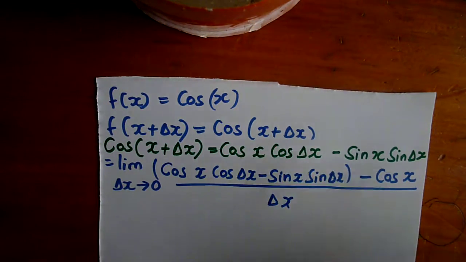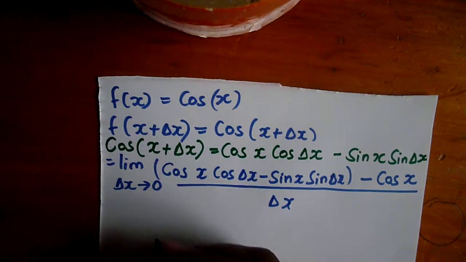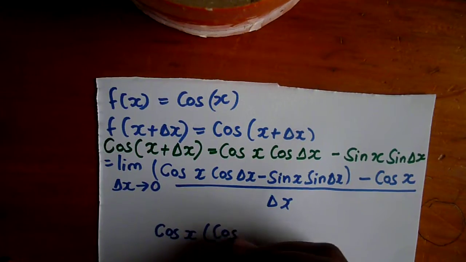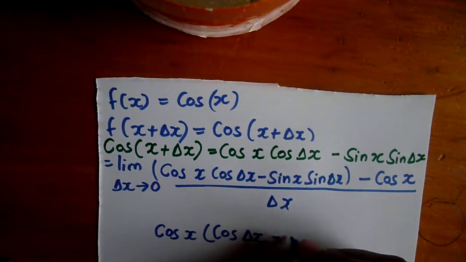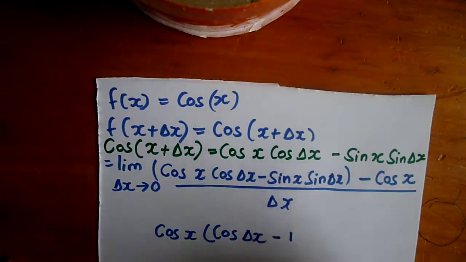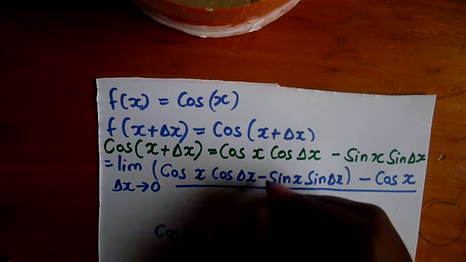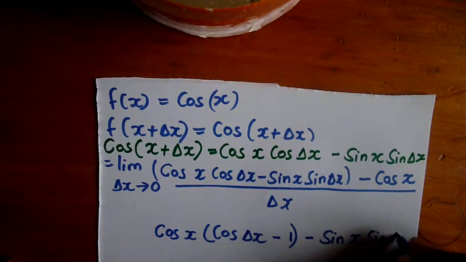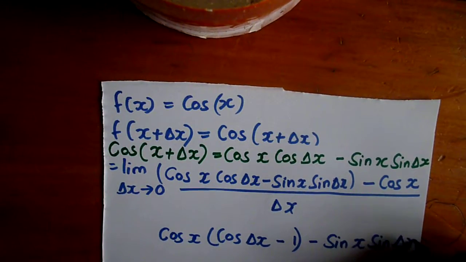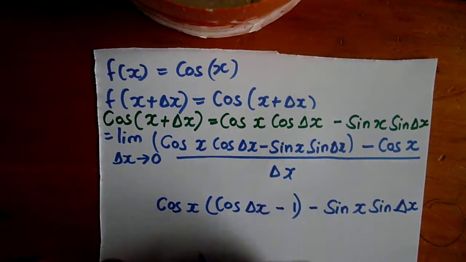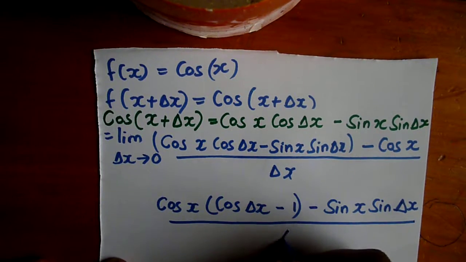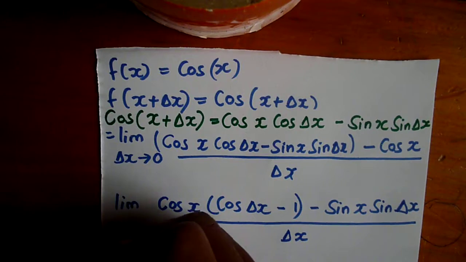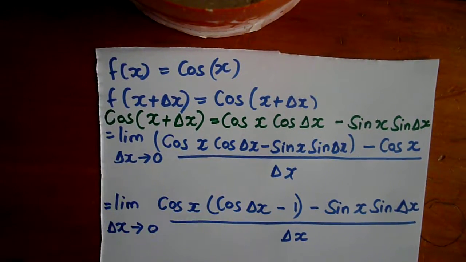So what we'll do, we'll put the like terms together. So taking off cos x, we'll have cos change in x minus 1, since there's a minus in front of the cos. Then minus, do not forget this term, sine x sine change in x, and all this is under change in x, and of course do not forget your limit there.